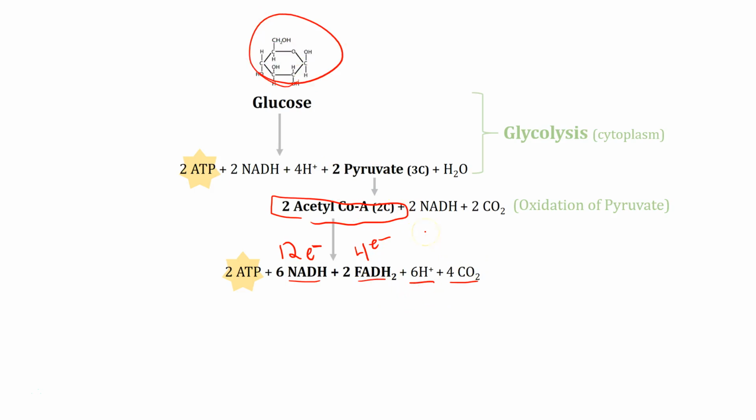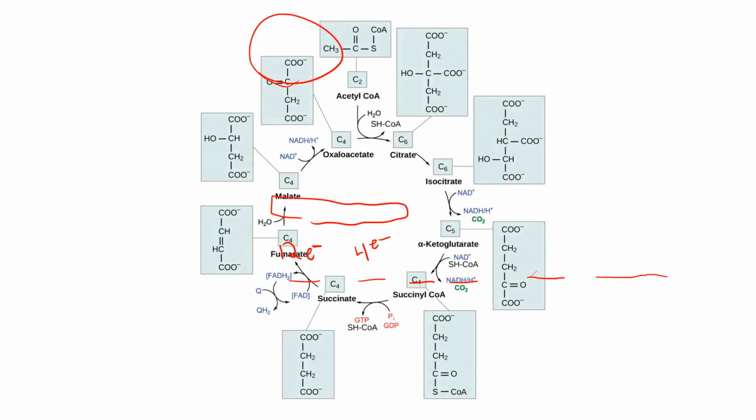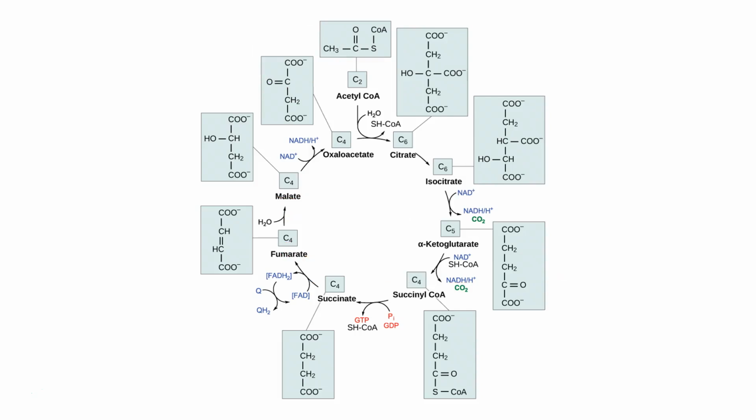Okay, this process is a pretty extensive process known as the citric acid cycle, and this occurs inside the matrix of the mitochondria, so the very innermost part. The citric acid cycle is really complex. It looks something like this, okay, and if this was a biochemistry class, you might have to actually know all of these steps, but in this class I'm not going to ask you to know these.